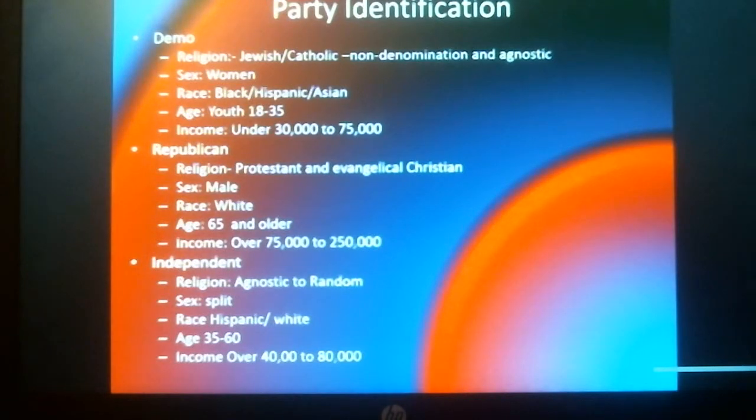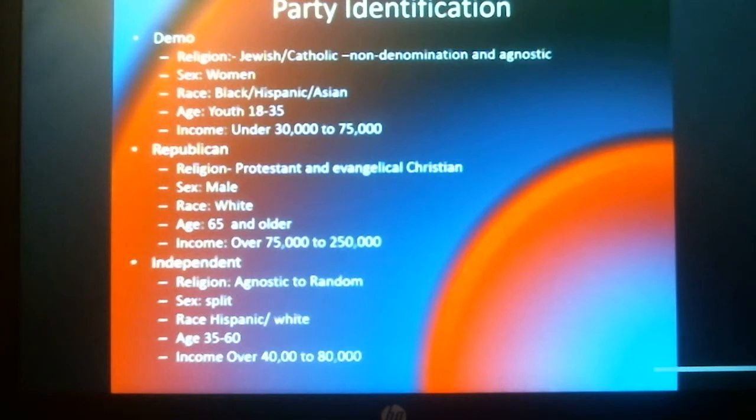Here's where the Democratic Party has grown in size over the years: the minority race, especially Hispanic, which is the fastest growing minority group in the United States and fastest growing group overall. And with that growth, the Democratic Party is really beginning to see a surge in their power base when it comes to party identification.